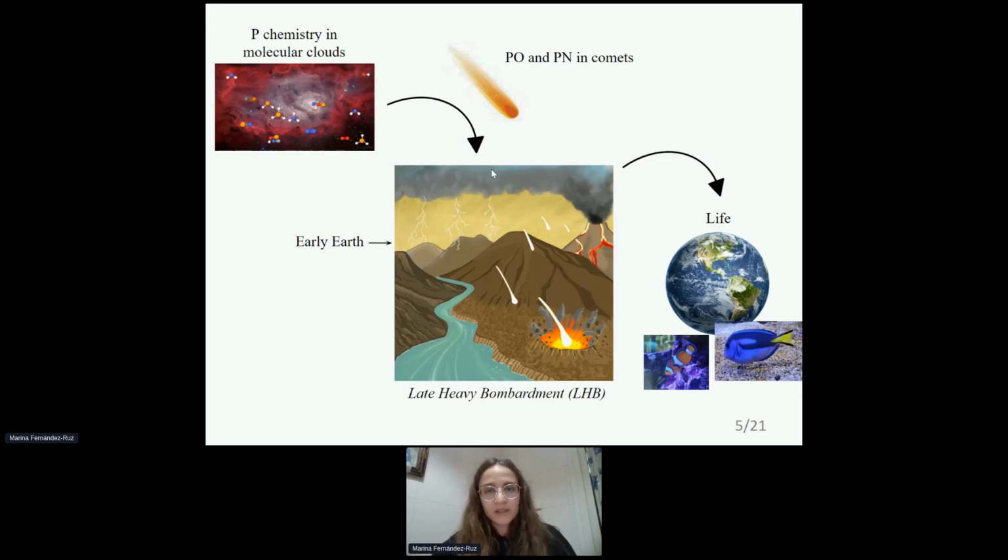This is an important topic that was also covered in the plenary session yesterday about the role of comets and asteroids in astrobiology. It is very important because they can deliver some molecules and elements into the Earth.